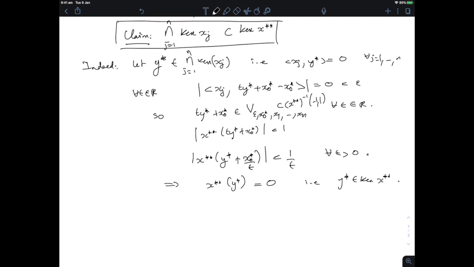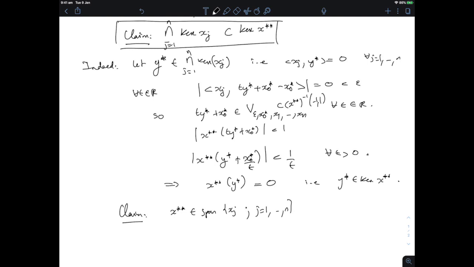Now, we've proven the claim that the intersection of the kernels of the xj is included in the kernel of x double star, and we're going to use that to prove something much stronger, the next claim. That is to say that x double star is actually in the span of the xj's, right? And because the xj's are all in x, that means x double star would be in x.